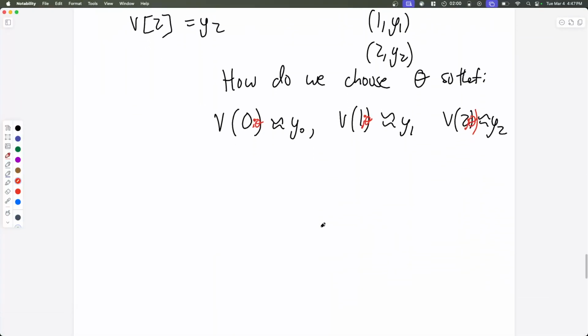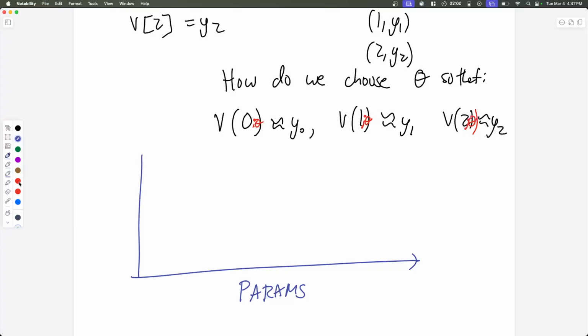And I'm gonna draw it as a little cartoon. So you should imagine that the parameters are the x-axis. So for this picture, the parameters theta are going on the x-axis. Of course, in real life, the parameters are multidimensional, so you can't draw them on the x-axis because the x-axis is only one-dimensional, but you just have to use your imagination.